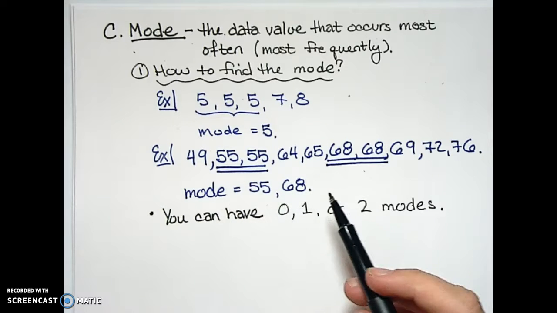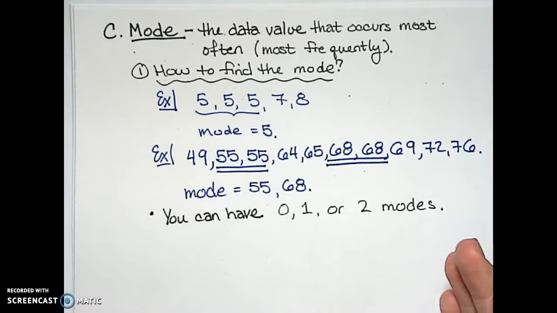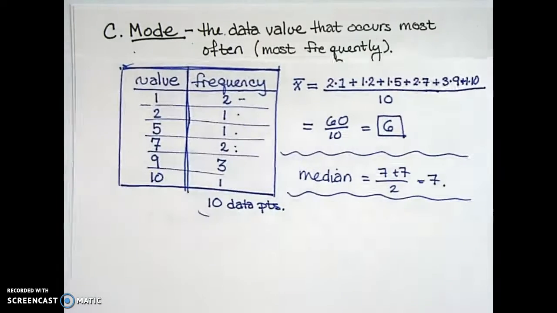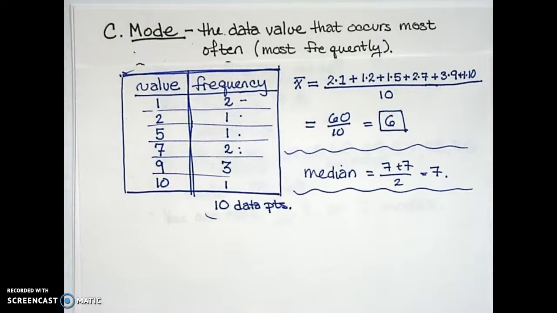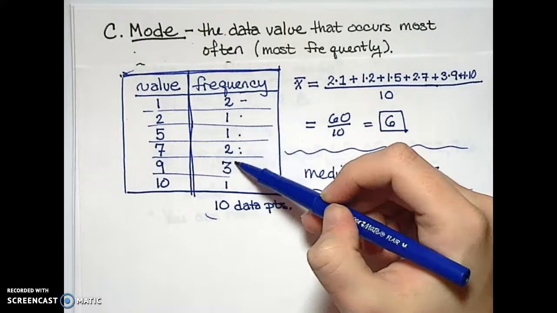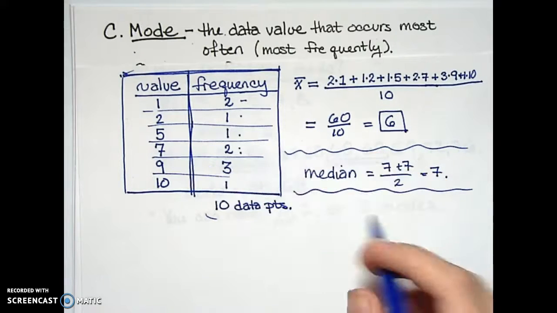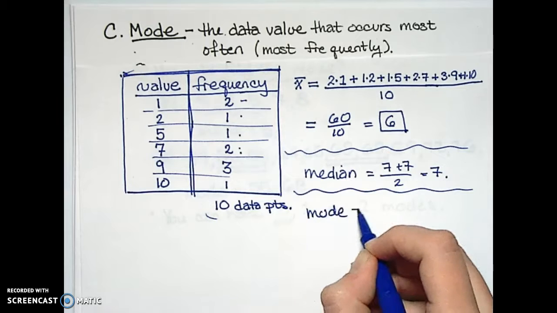But if we ever run into a situation where we have 3 or more values all occurring with the same high frequency, then we actually have no modes. Identifying the mode when you're given a frequency distribution table is fairly simple. You simply scan the frequencies and identify the value that has the most frequencies. In this situation, our mode was 9.